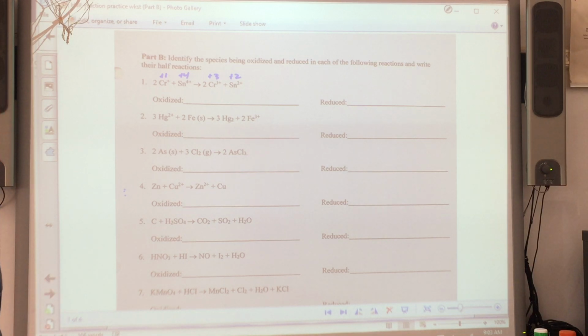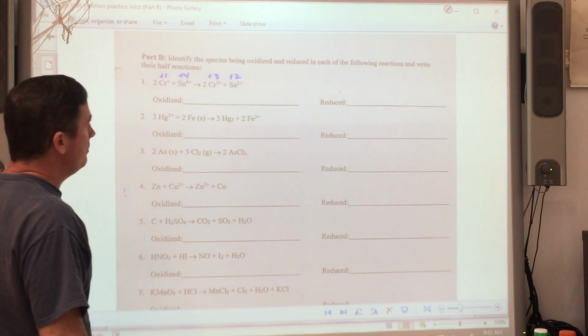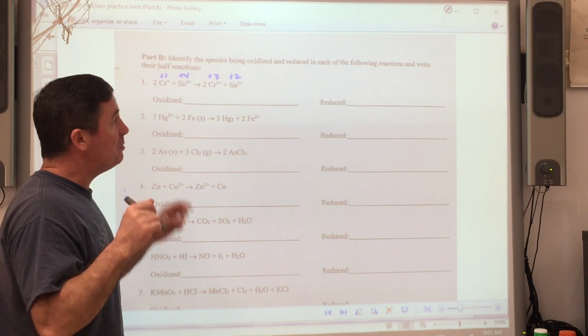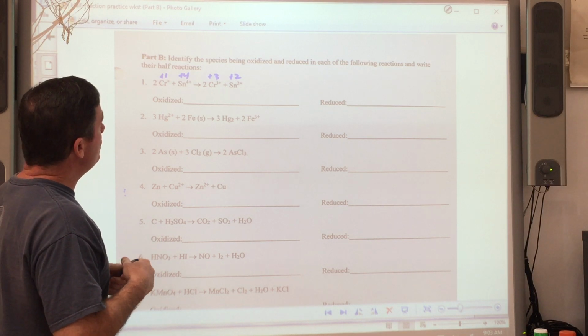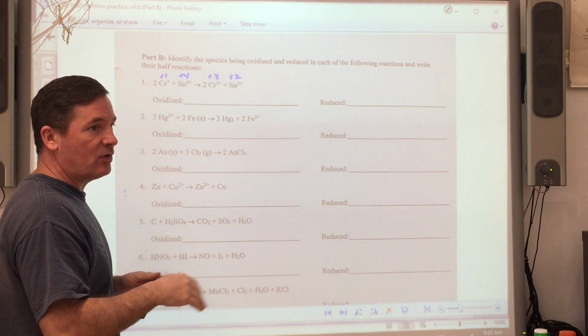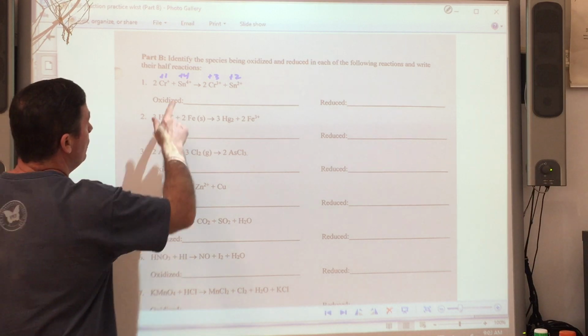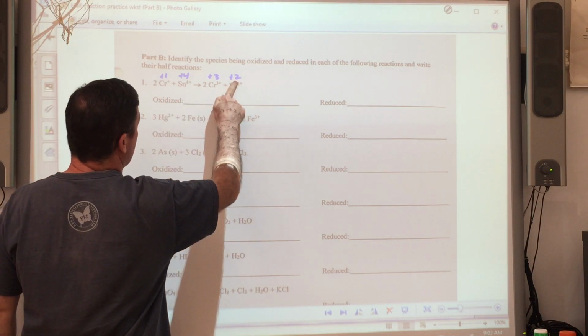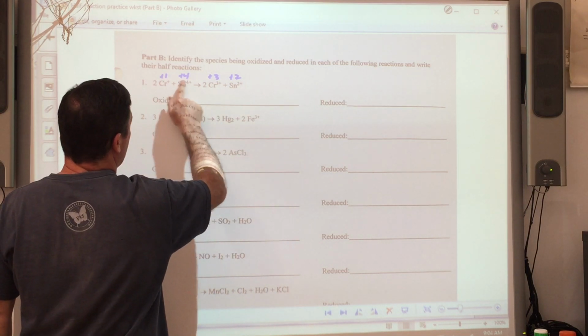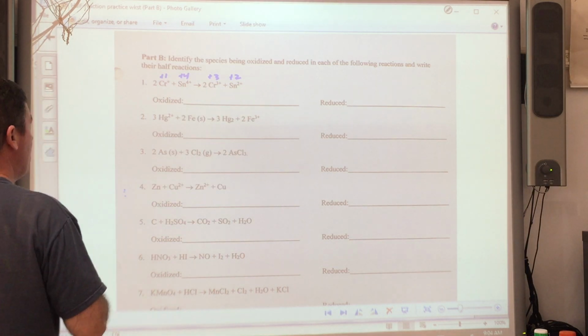Okay? So what's getting oxidized and what's getting reduced here? Well, what's getting reduced is the species which has its oxidation number decreased or reduced. So you can see tin goes from 4 to 2, so that's getting reduced. That means chromium is actually getting oxidized.